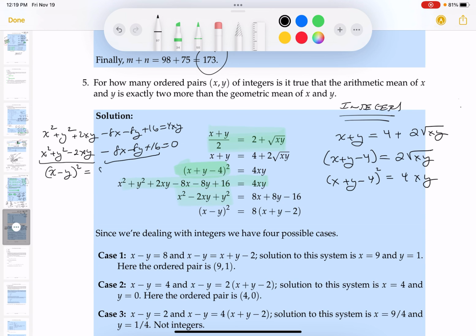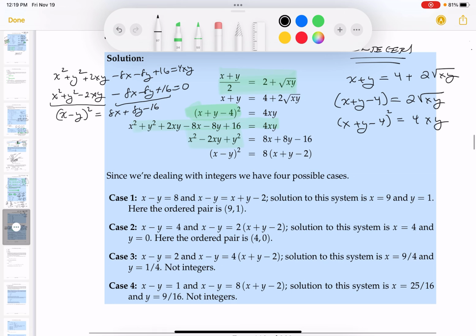And what would you get? 8x plus 8y minus 16. Let me keep writing this down for you. x minus y squared is equal to 8 times x plus y minus 2.